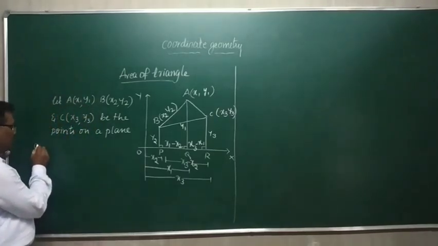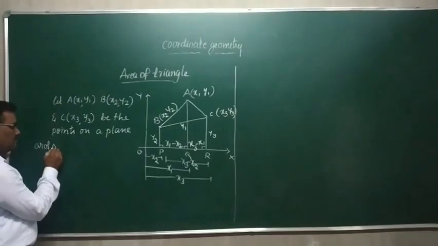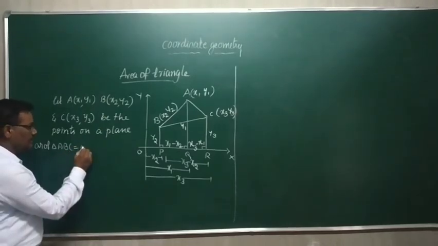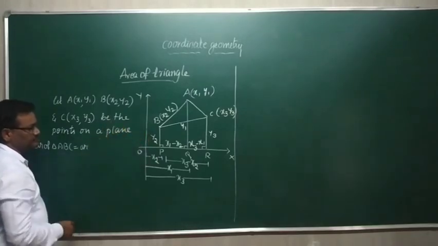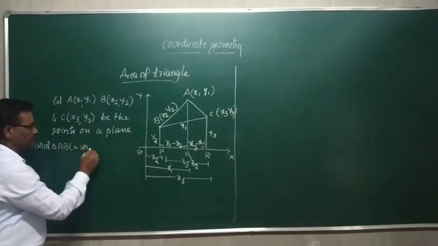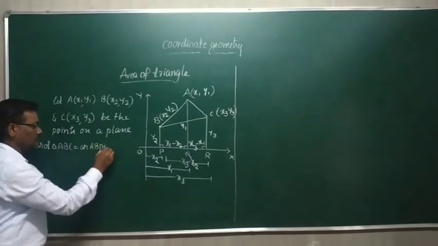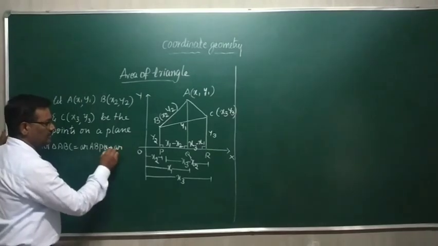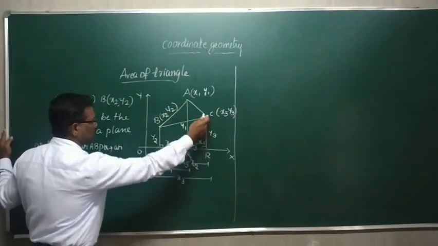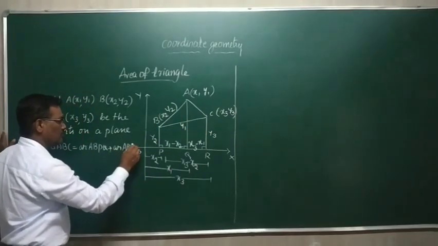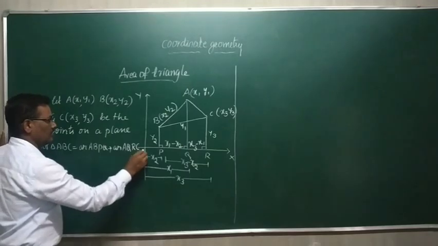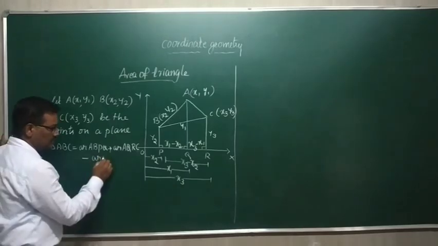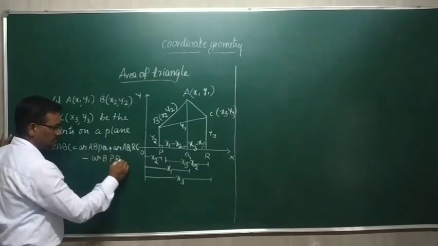Area of triangle ABC is equal to area of trapezium ABPQ plus area of another trapezium AQRC minus area of the third trapezium BPRC.